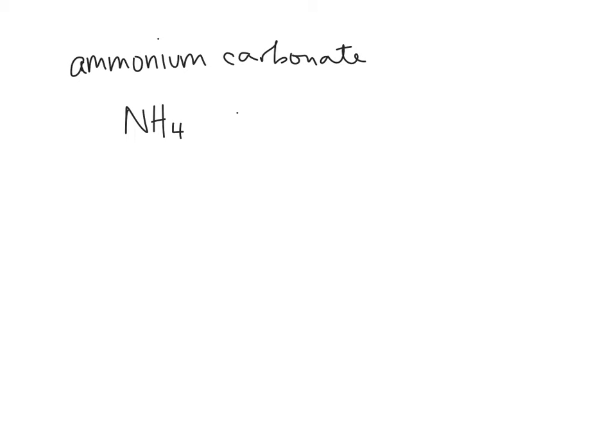Carbonate is also not an element, it's a polyatomic ion. So it is CO3. Get these from the table. Charge on carbonate is 2 minus. Charge on ammonium is 1 plus. They don't have the same number, so they don't cancel out, so we do have to do cross and drop.